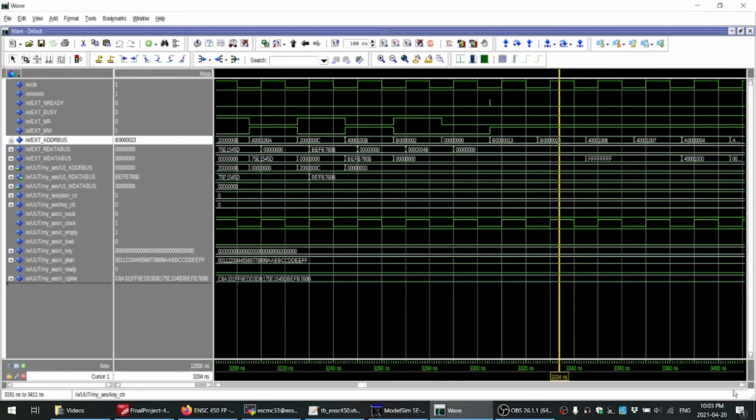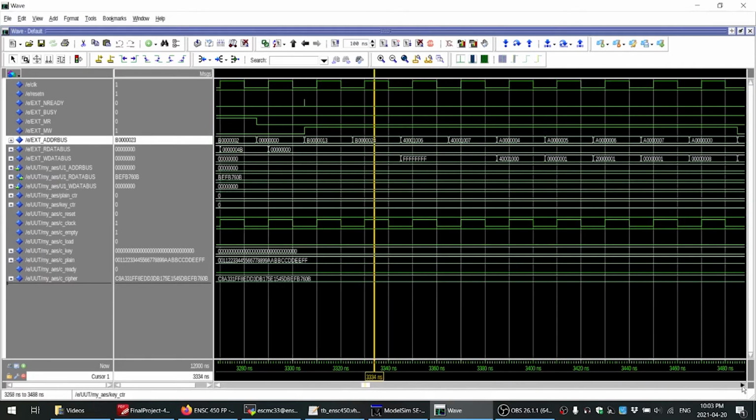Now starts the third test case, where the DMA is being told to read. Before that, we're modifying the data in the SRAM just so that there's some variation. The DMA is being told to start reading from this address in the SRAM and start writing to this address at the AES core.